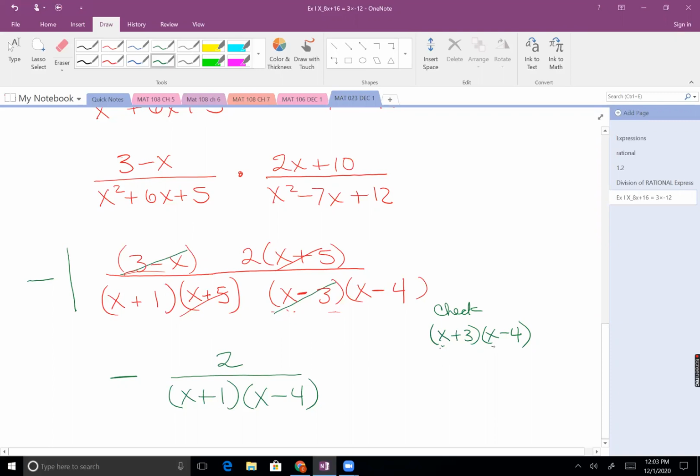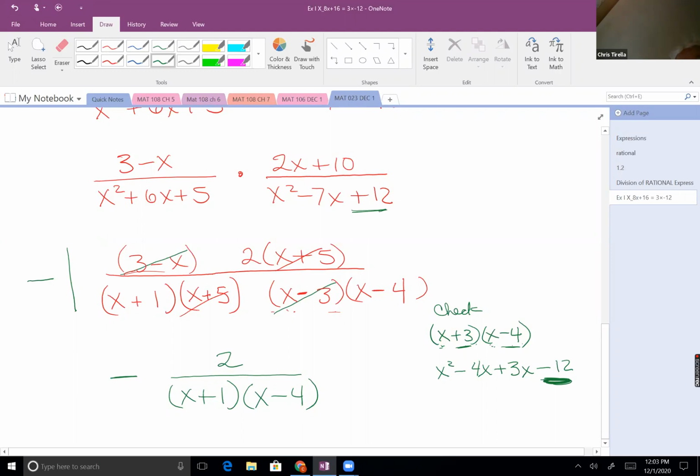First, x times x is x squared. Outer, x times minus 4 is minus 4x. Inner, x times positive 3 is plus 3x. Last, positive 3 times negative 4 is negative 12. And so, first of all, because these have different signs, do you see how that gives you a negative 12?